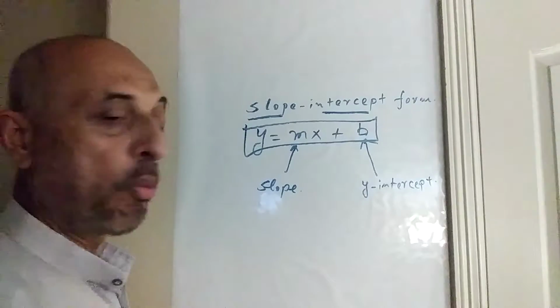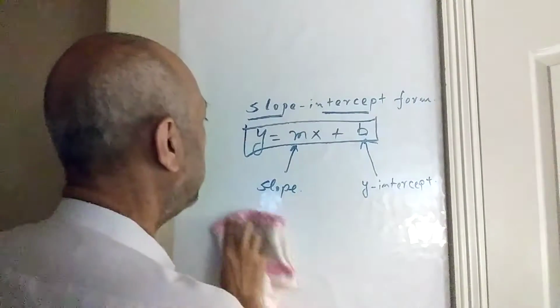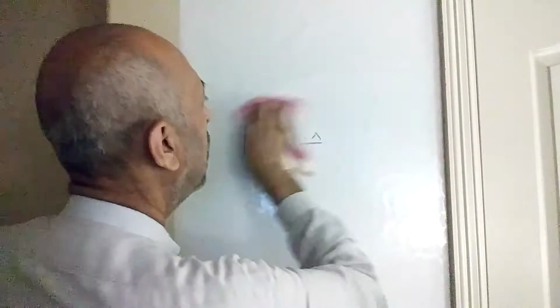Now once we have the slope-intercept form of a linear equation, then we could easily draw a graph, and we know that a linear equation always forms a straight line. So if we have two linear equations, that means we'll have two straight lines.